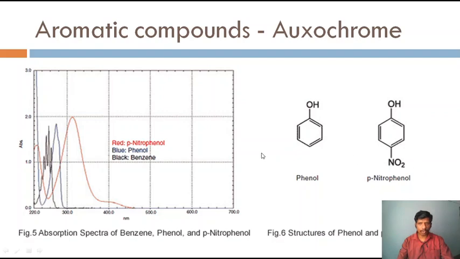When one more nitro group is introduced, there is another shift; both bathochromic and hyperchromic shifts are observed. This is how introduction of new groups usually shifts the peak in many directions. This is due to the presence of the auxochrome.